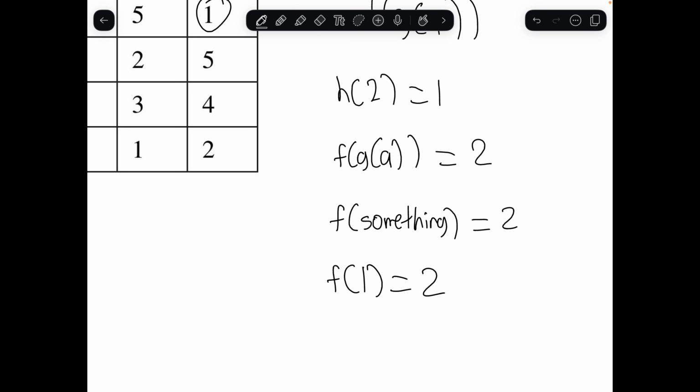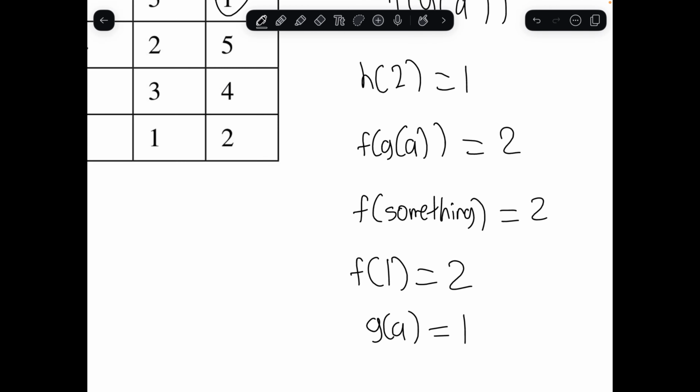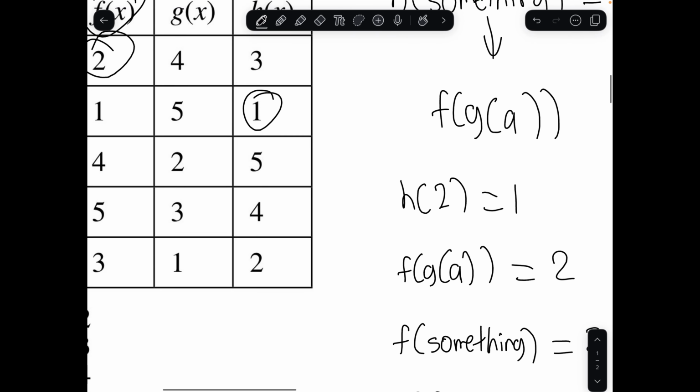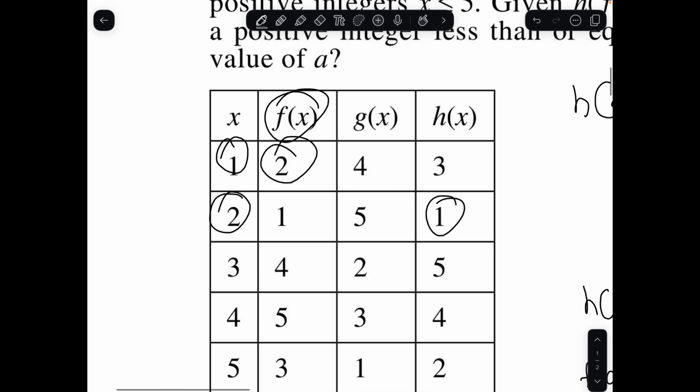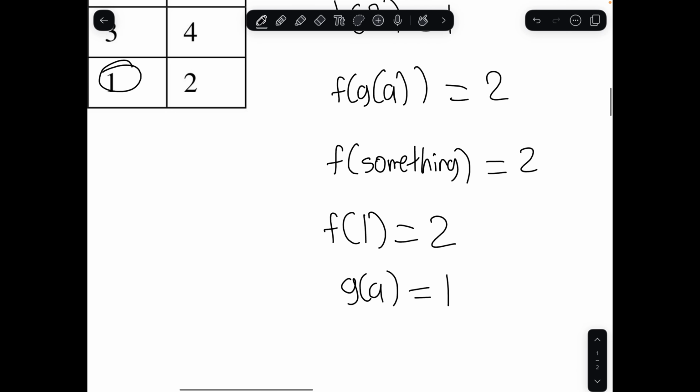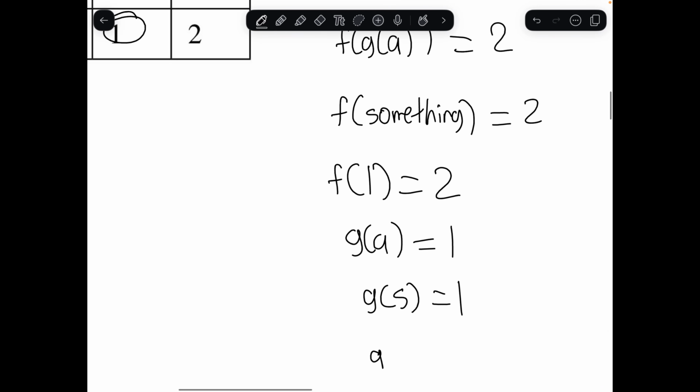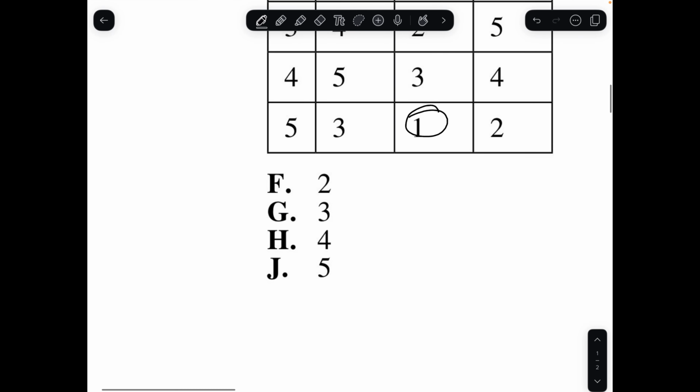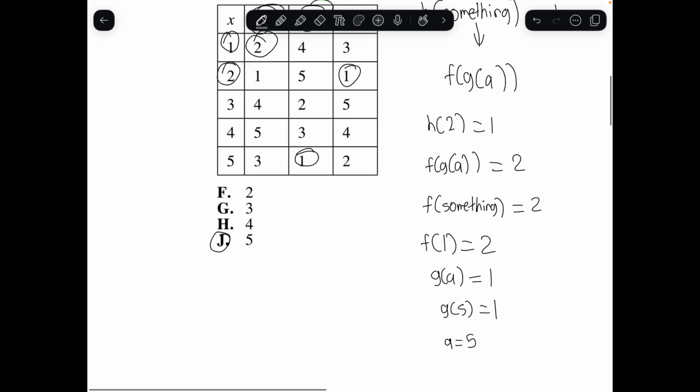So that means g of a has to equal 1. And now to solve for a, we just have to see when g is equal to 1. g is equal to 1 when x is 5. So g of 5 equals 1, which means a has to equal 5. So the answer to this question is J.